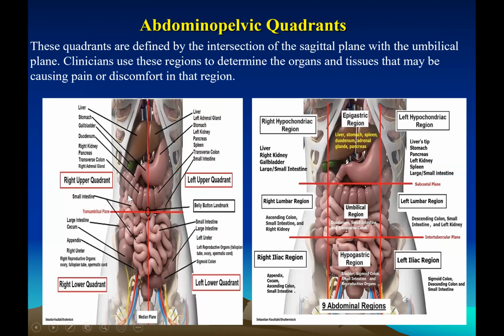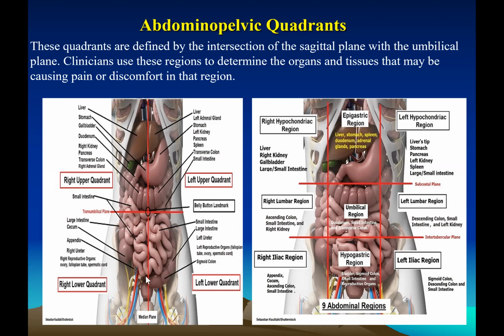Again, for communication and for quick diagnosis, we must be able to tell, because there's so much happening in the abdominal region. So they have divided the abdomen into quadrants. One line is right in the center, called the sagittal plane, and then the cross-sectional line goes through your navel, your belly button.